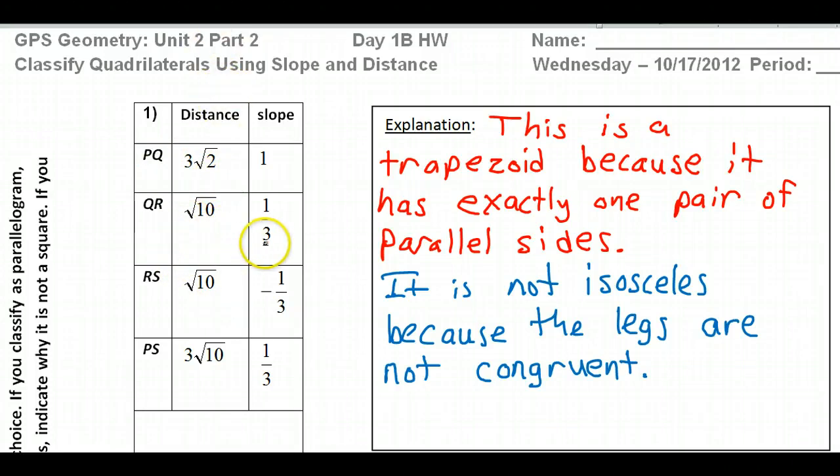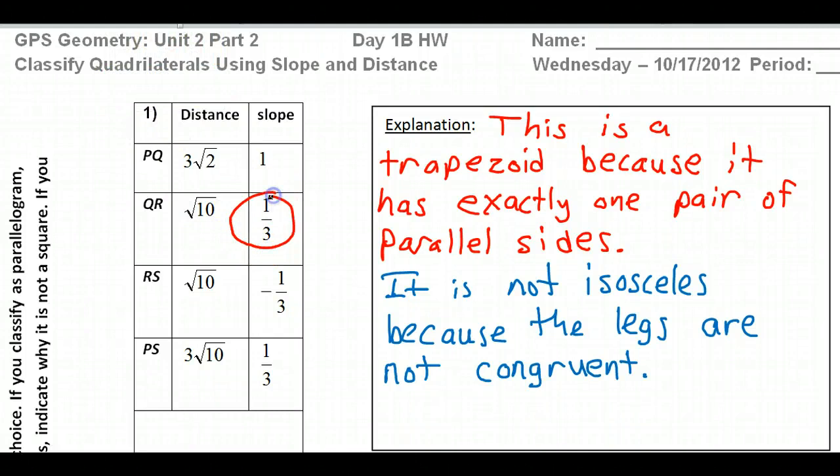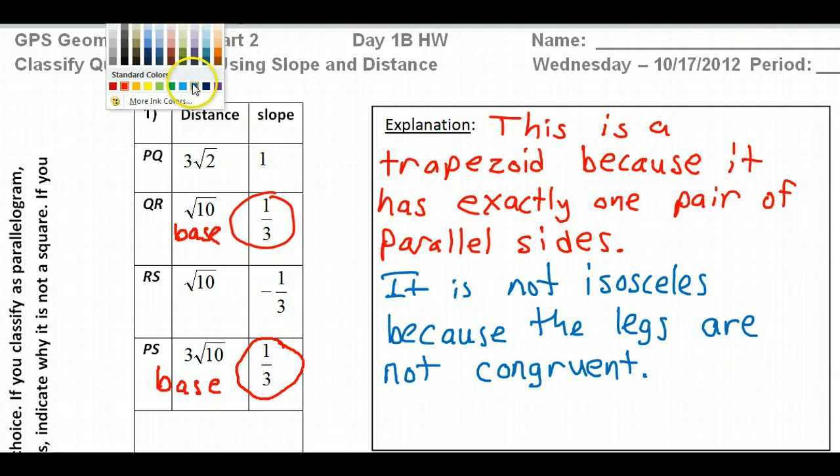Okay, look. Notice the sides that were parallel. See the 1/3 and the 1/3? These are the sides that are parallel. So these were the bases. So this is a base, and this is a base. You can mark that right on your chart. It'll make you feel better. Go ahead.